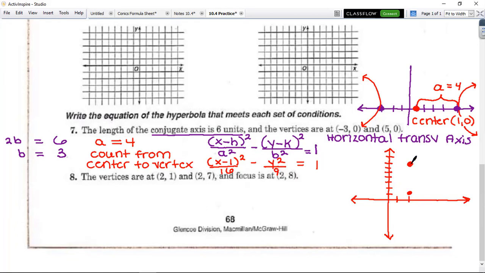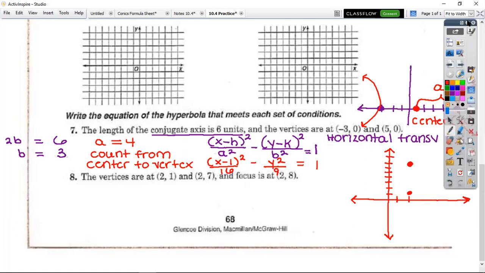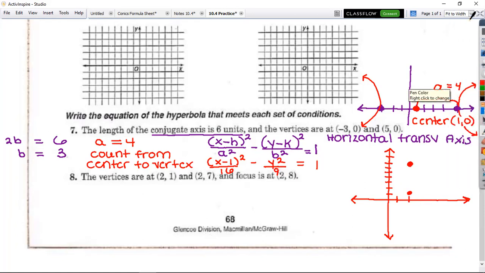So this time, what kind of axis do you have? Because those are your vertices. So we have a vertical one. So I'm going to sketch these in here. So we're going to go just like this. Opens up and down.